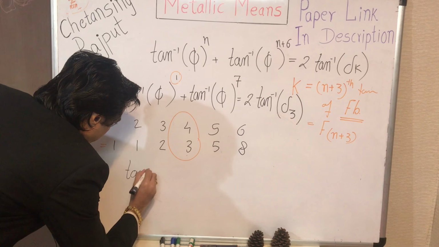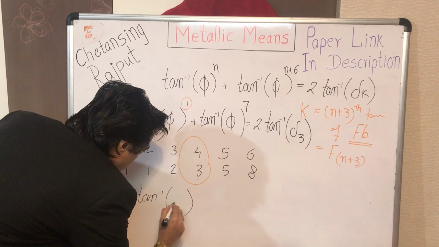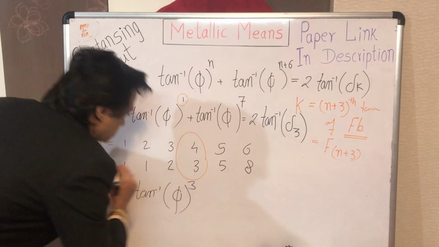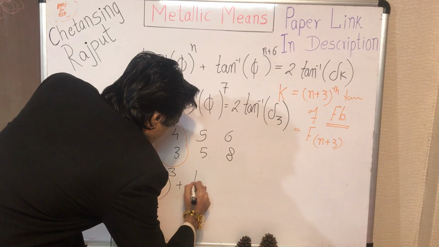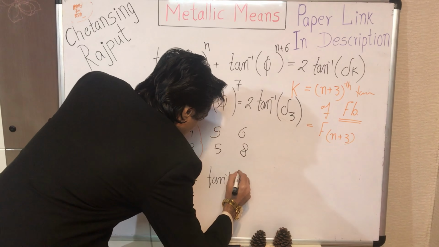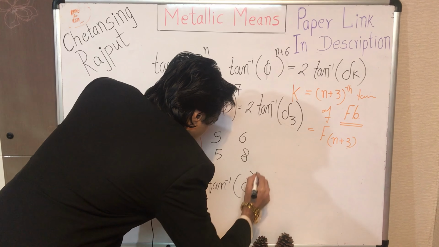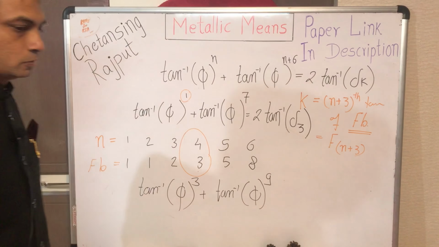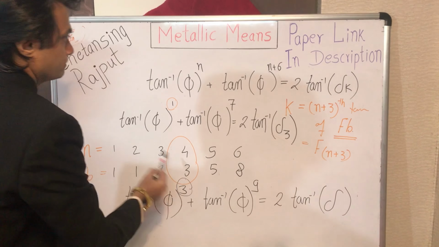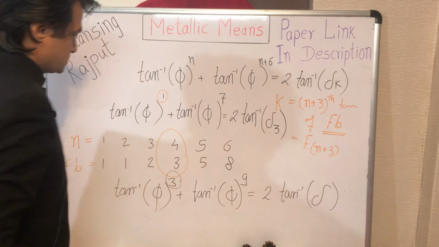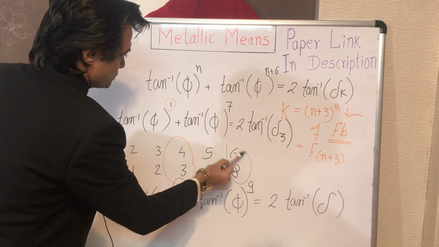Let's take another example. The arctangent of, this time, say, the cube of the golden ratio plus the arctangent of the (n plus 6), meaning the ninth, power of the golden ratio, and this time we will get twice the arctangent of which metallic mean? n is equal to 3, plus 3 that will be 6, and the sixth Fibonacci term is 8.